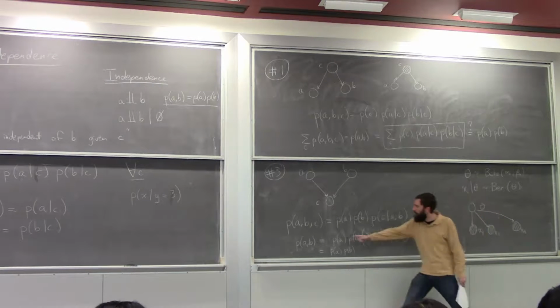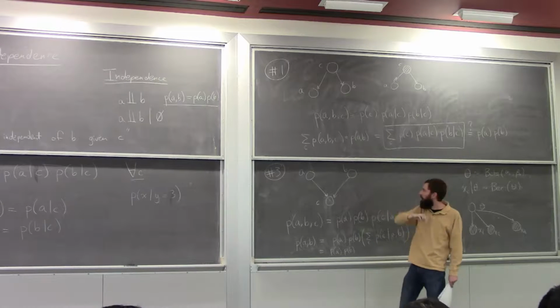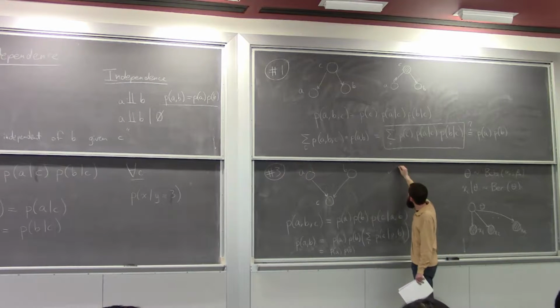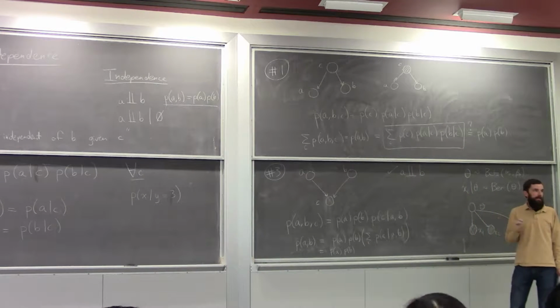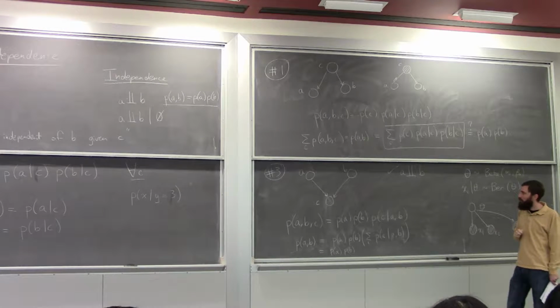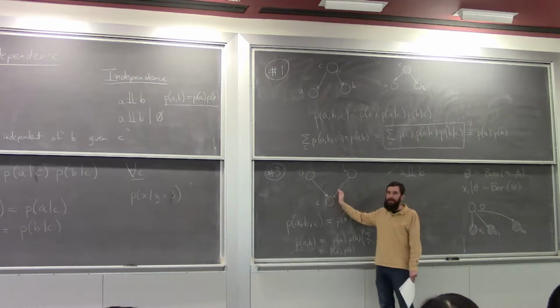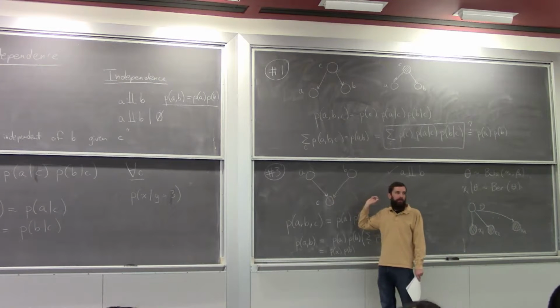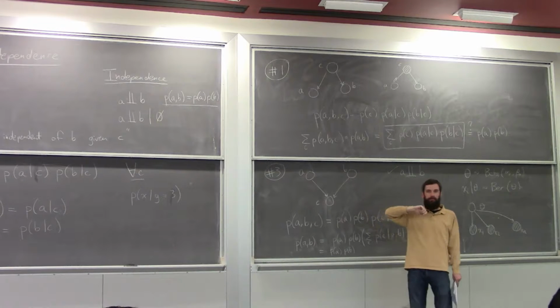And so this is directly equal to our independence condition. So we see right away that A and B are independent in this case. I don't observe C, I just marginalize C out. No matter what, A and B are independent.